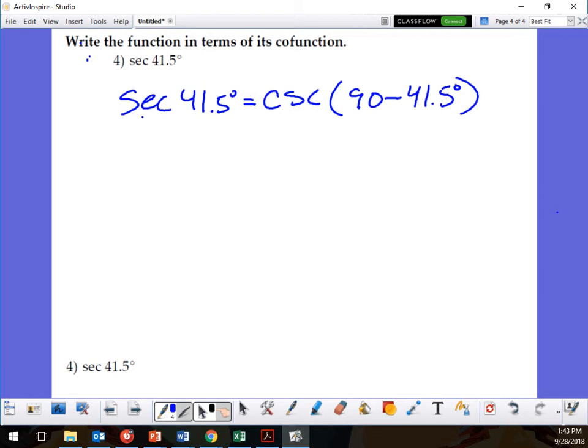So you have to have the whole answer. What's the whole answer? How do I write this answer? Cosecant, CSC of 48.5. Oh, wait, you just solved it.